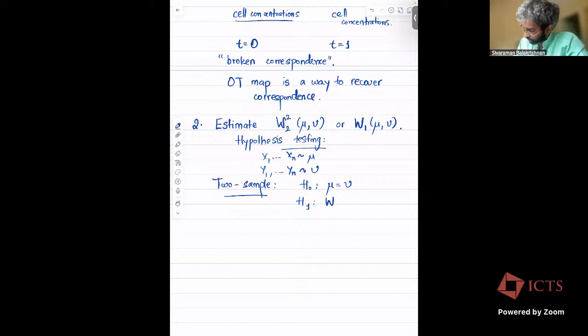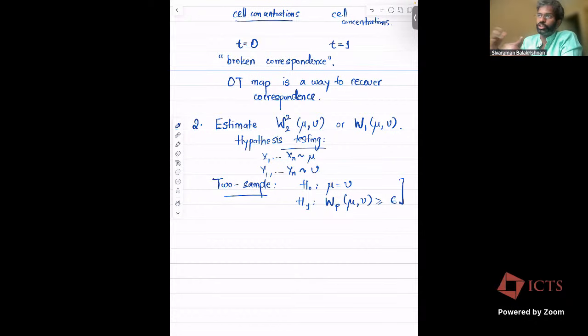Under the alternatives, say some Wp distance between them is large. If I'm trying to distinguish these two cases, where they're actually from the same distribution versus far away in the Wp distance, then a reasonable thing to do would be to try to estimate this distance and then base your test on that. So a different question you can ask is, given samples, can I estimate the Wasserstein distance between the underlying distributions?